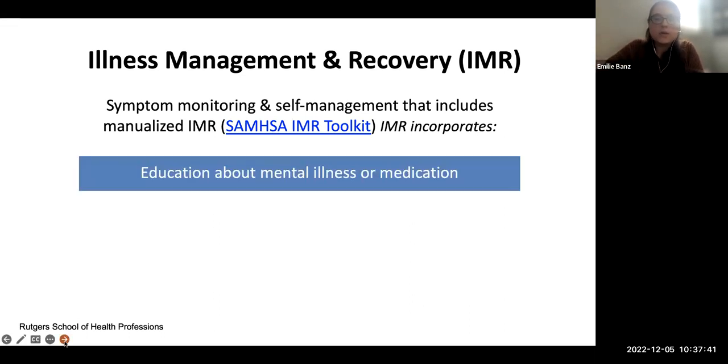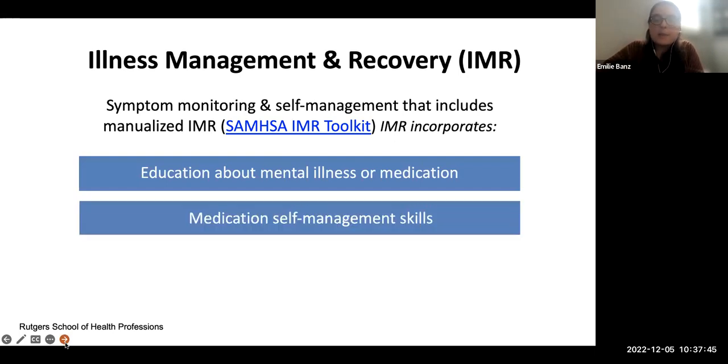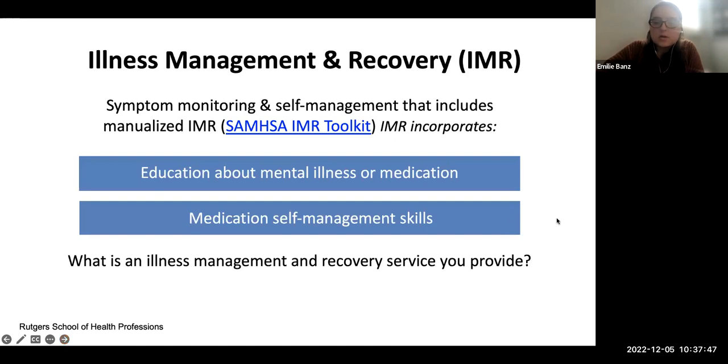And IMR really incorporates education about mental illness or medication self-management skills, or again, anything that falls under that umbrella of symptom monitoring and self-management. And it could be self-management of physical health as well as mental health. It doesn't just have to be mental health.